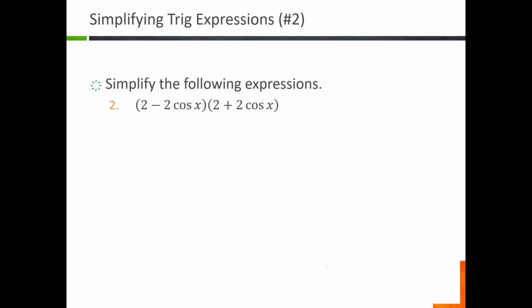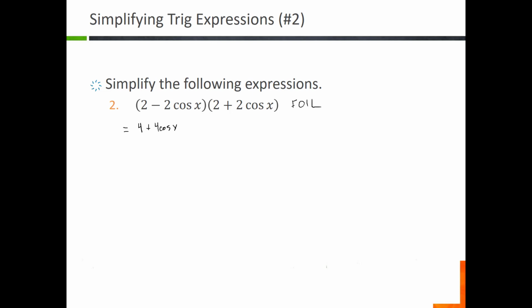So my first step, again, I see two quantities. I see the 2 minus 2 cosine x, and then I see the 2 plus 2 cosine x, and I'm again thinking I need to FOIL. So let's go ahead and FOIL this out. So we take 2 times 2, which gives us a 4. We take a 2 times a 2 plus cosine x, which is going to give me a plus 4 cosine x.